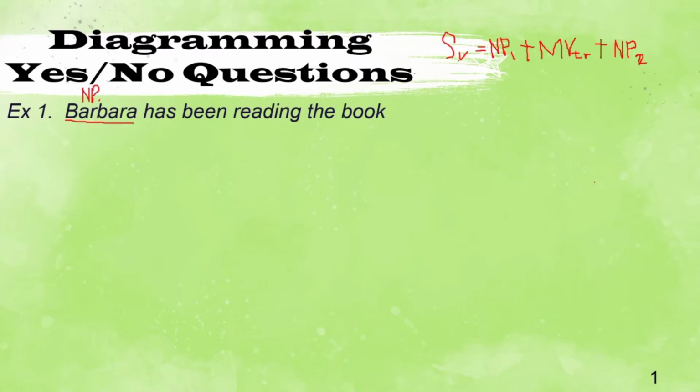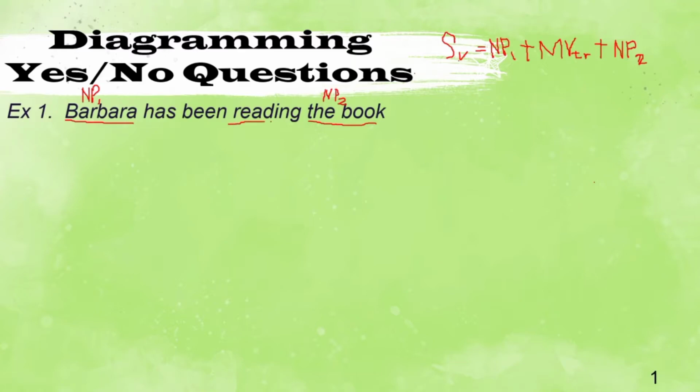Noun phrase subscript 1 functions as the subject of the sentence, while the second noun phrase, subscript 2, is the book, which functions as the direct object.